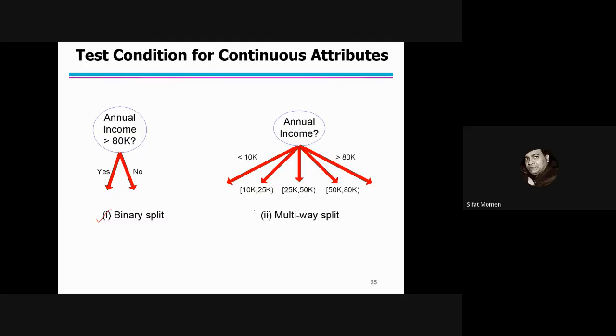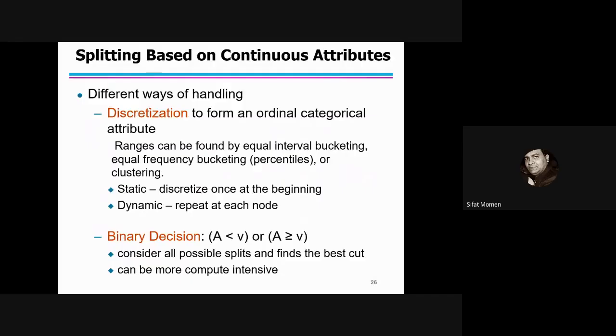Or we could do multiple splits. For example, smaller than 10K, 10K to 25K, 25K to 50K, 50K to 80K, and 80K and above. We could do that as well. Clear, Nakina? So that's for the continuous case.